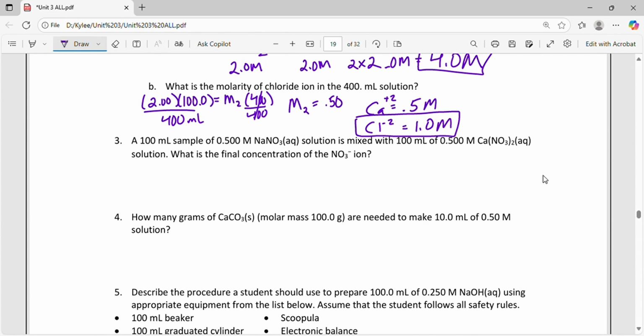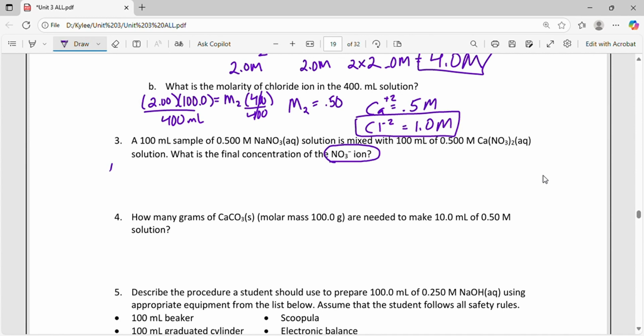Okay, so in number 3, they say that a 100 mL sample of 0.5 NaNO3 is mixed with 100 mL of a 0.5 molar solution of calcium nitrate. And they want us to find what is the final concentration of the NO3 ion.